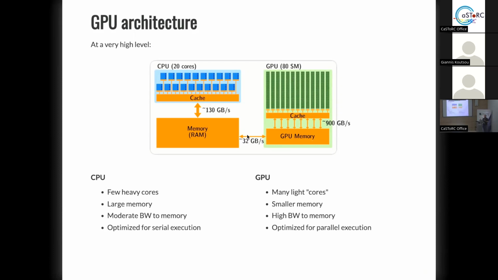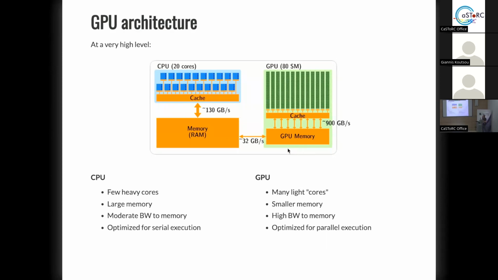And if you can eat that cost, if it's still favorable, then you can get a benefit from the GPU. But if the computational task is so quick that basically you're spending all your time moving data in and out of the GPU, then the GPU will not be good for you.